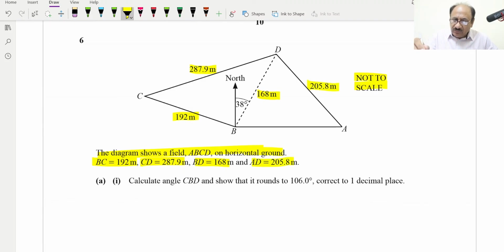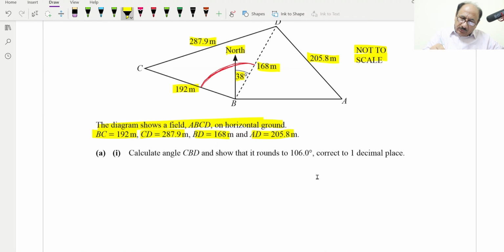All measurements are provided. This side is north and this is 38 degrees. In part a, calculate angle CBD and show that it rounds to 106 correct to 1 decimal place.